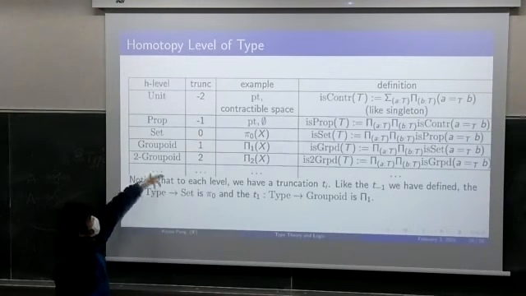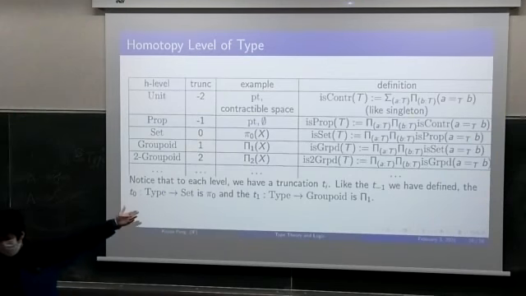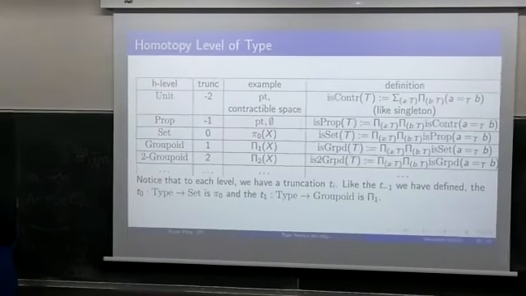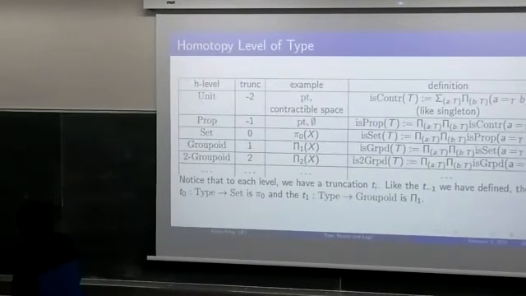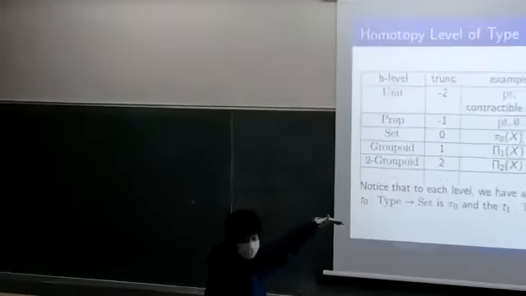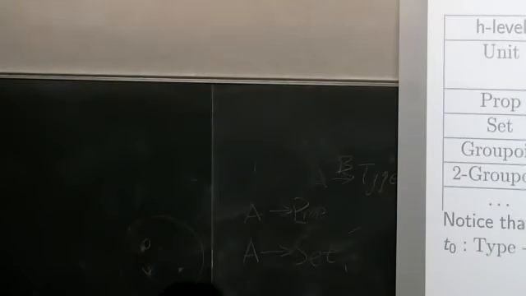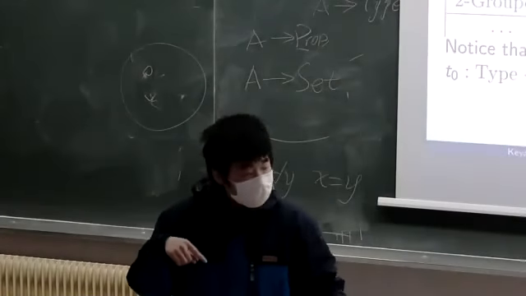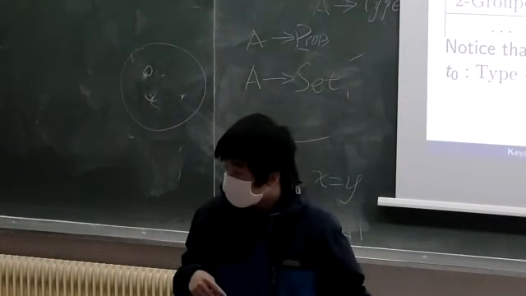The groupoid only has identity paths to itself. So the embedding from low level to high level is kind of we force the higher level to become contractible. Okay.